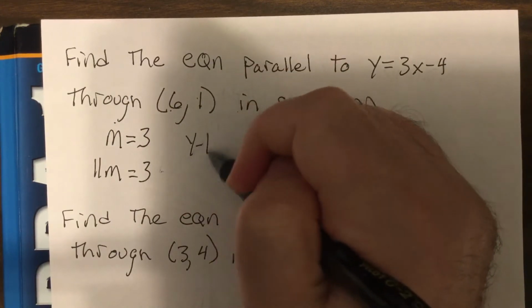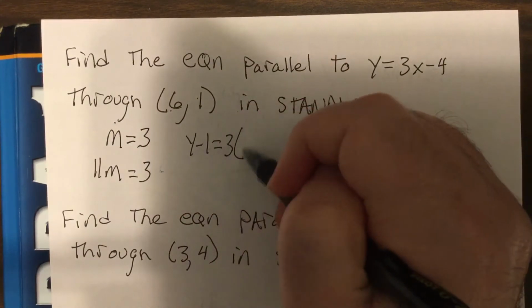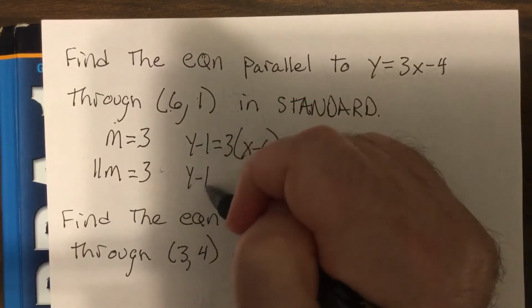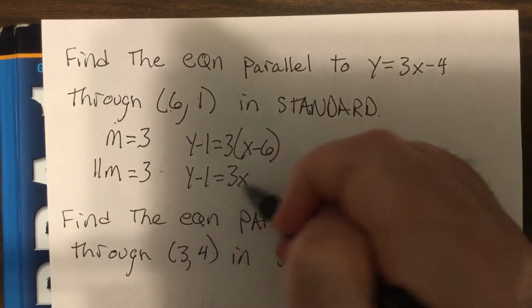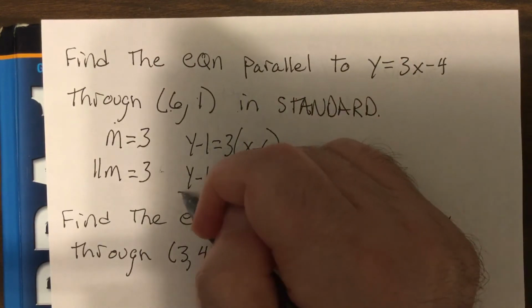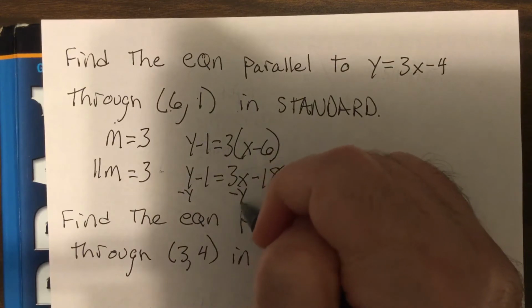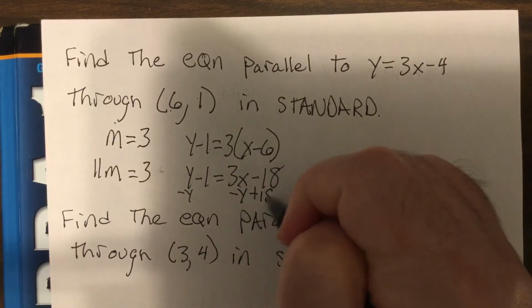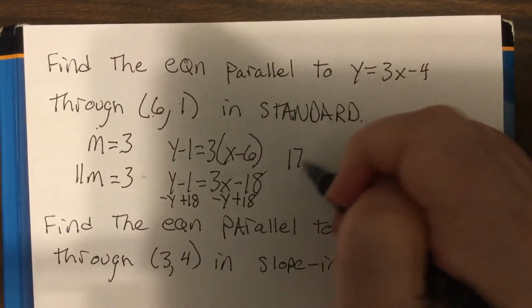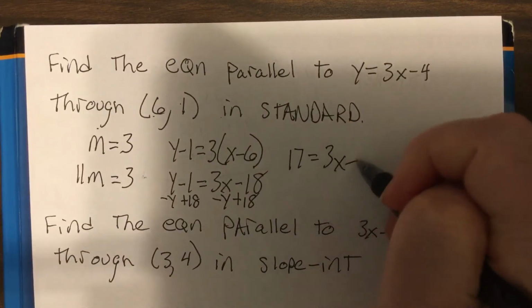Y minus 1 equals 3(x minus 6). So it'd be y minus 1 equals 3x minus 18. So standard, I'm going to get the y on one side with the x and the numbers on the other. So it'd be 17 equals 3x minus y.